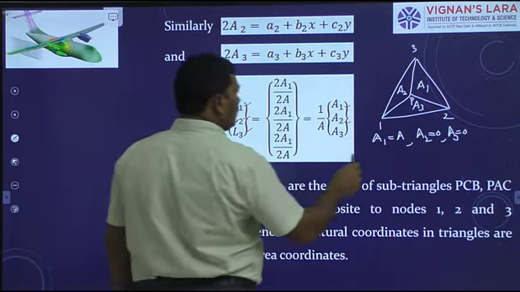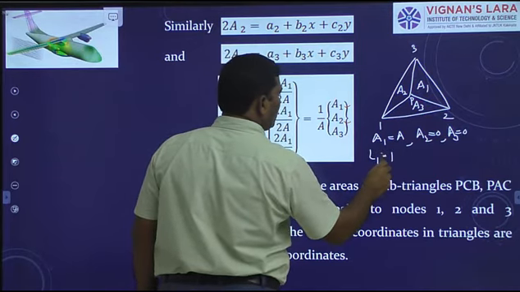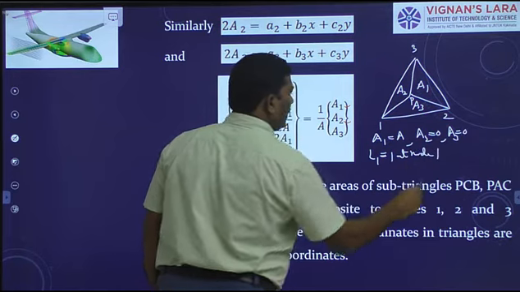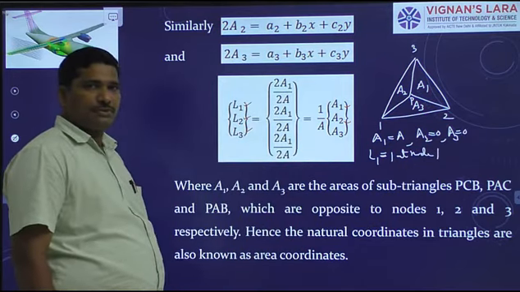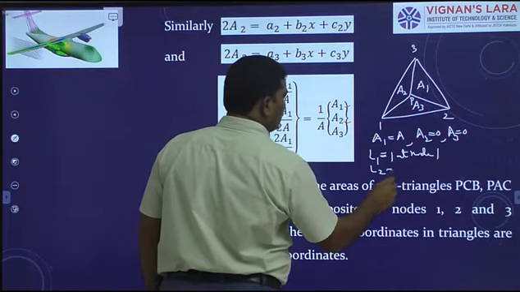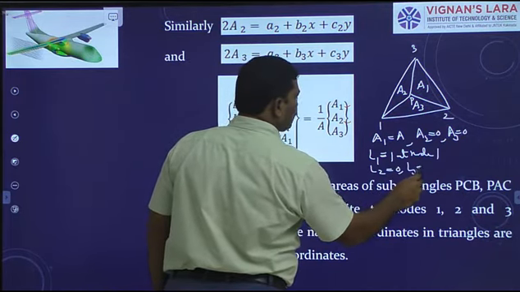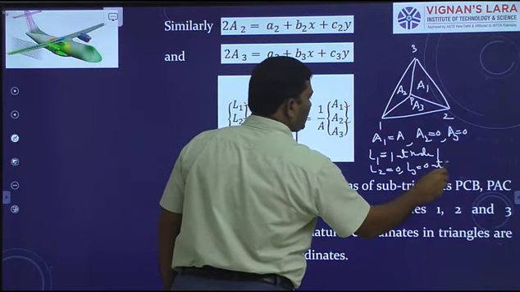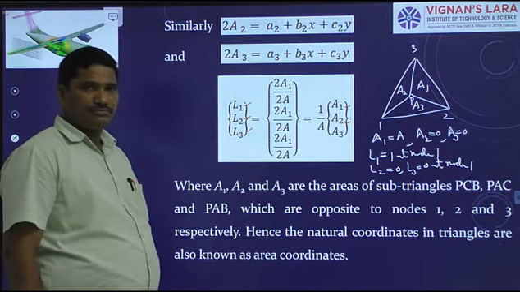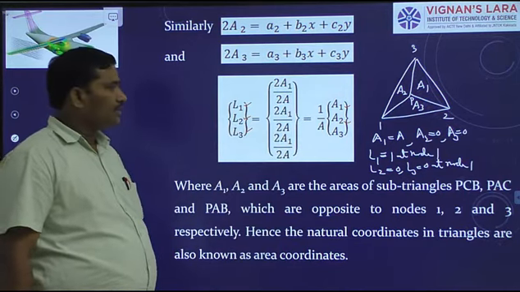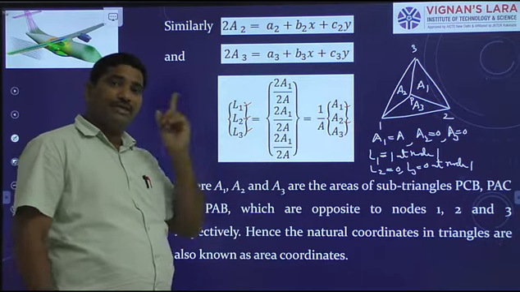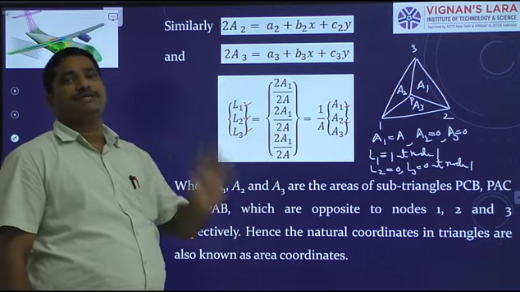Therefore, the natural coordinate L1 equals 1 at node 1. And the natural coordinates L2 equals 0 and L3 also equals 0 at the same node, that is node 1. Now, the sum of the three natural coordinates you get unity.